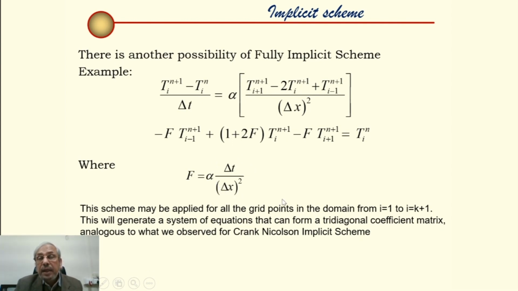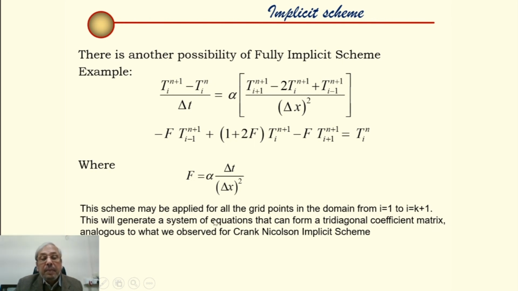We have already read in heat transfer that the Fourier number is given by alpha t by L square, where L is the length scale. So when we write alpha delta t by delta x square, then we can call it the grid Fourier number. So this forms the coefficient in this discretized equation.